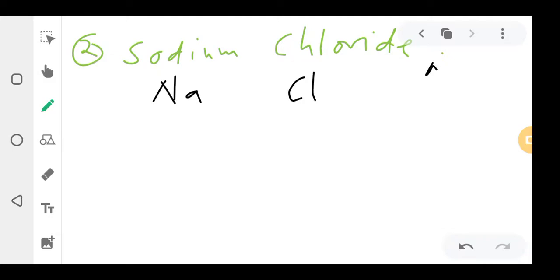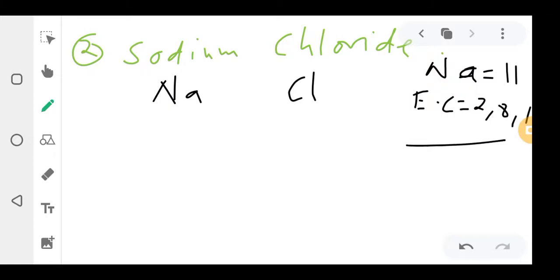Then again, for sodium the atomic number is 11, so the EC is 2,8,1. As you can see, the last number there is 1.